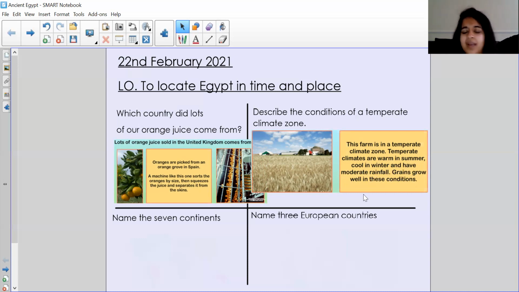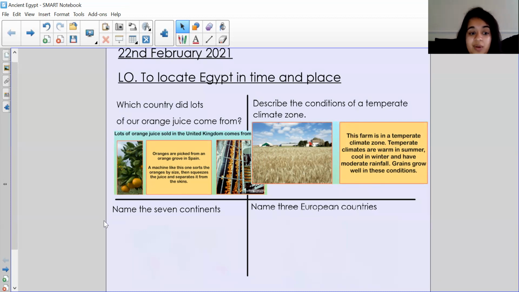That means your average amount of rainfall. Grains grow well in these conditions. So well done if you remember that, or well done if you thought of something else that's not exactly these words, because I know you won't remember the exact words, but well done if you remember parts of it. Warm in the summer, cool in the winter. That's what a temperate climate zone is.